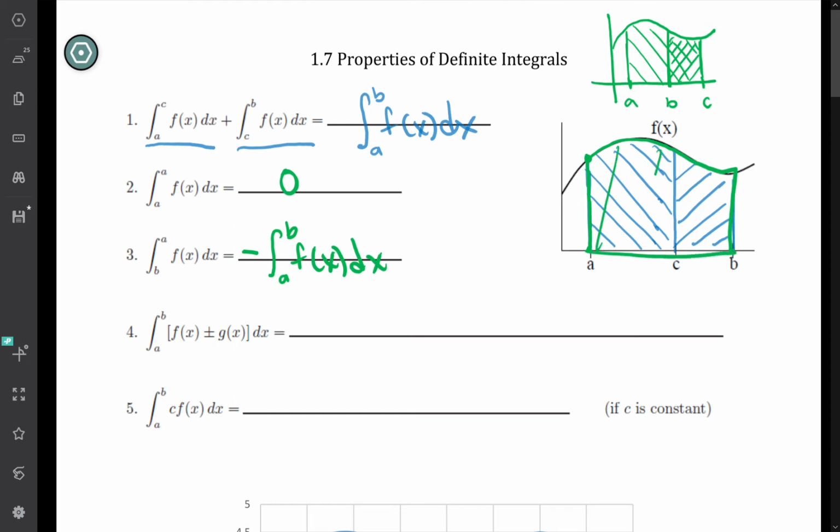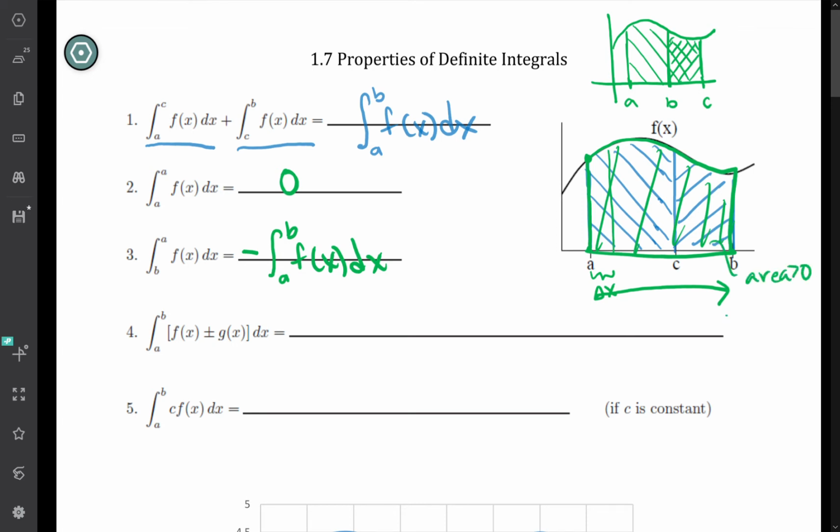If I have all of this area and I go this direction, I'm going to say the y values of my function are positive. So when I'm thinking about rectangles, each one has a positive width and a positive height. So I would expect this area to be positive.